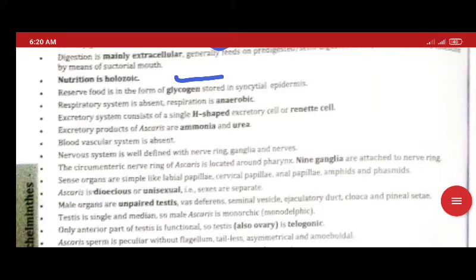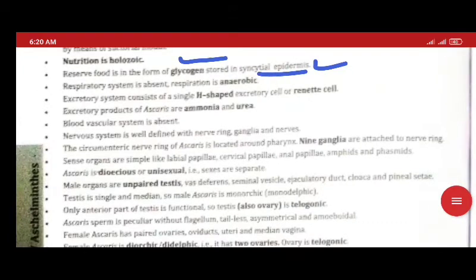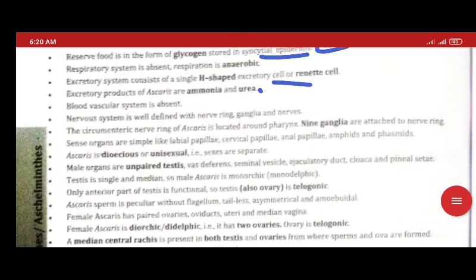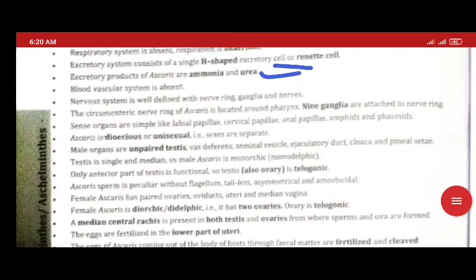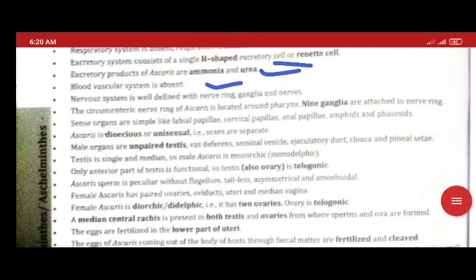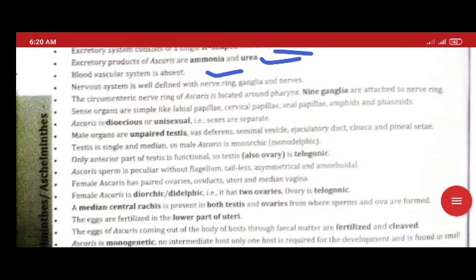Reserve food material is glycogen in syncytial epidermis. Now, excretory cell is H-shaped renette cell. Excretory material is ammonia. Blood vessel is absent because blood vessels start from Annelida.